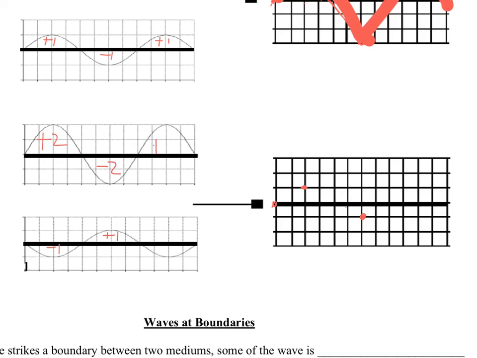And we have +2, -1, so that one's going to be right here, +1 up there. Now make this just a little bit thicker. We'll mark these off real nice. Start here. All right, that looks way better.